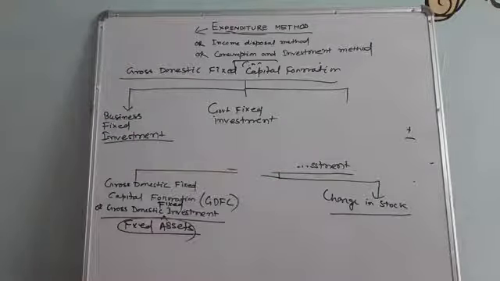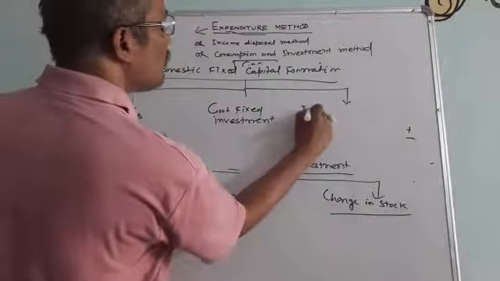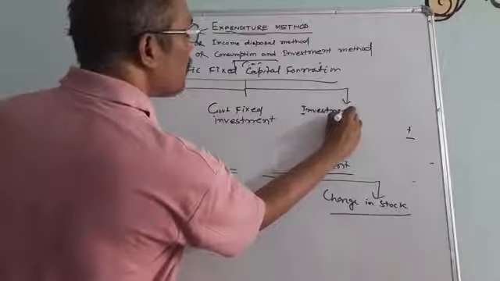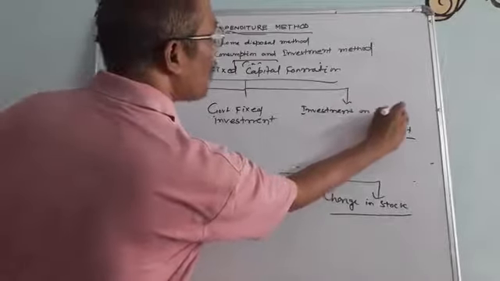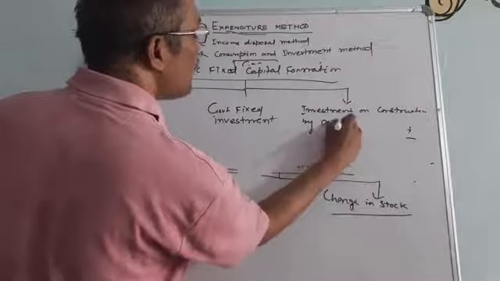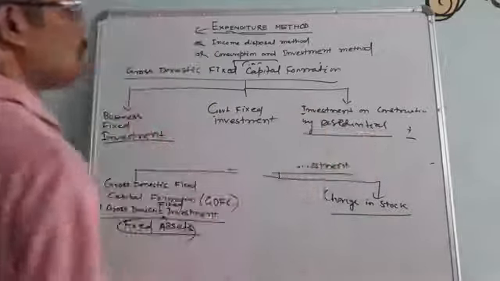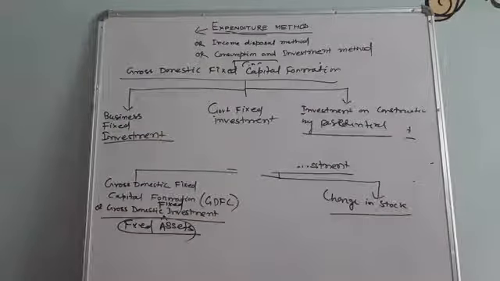And third one is investment on construction by residential households. So: business fixed investment, government fixed investment, and residential construction by households.